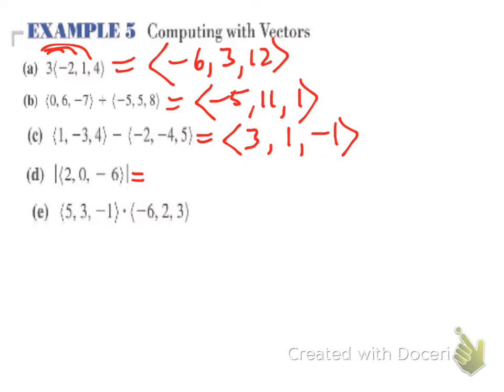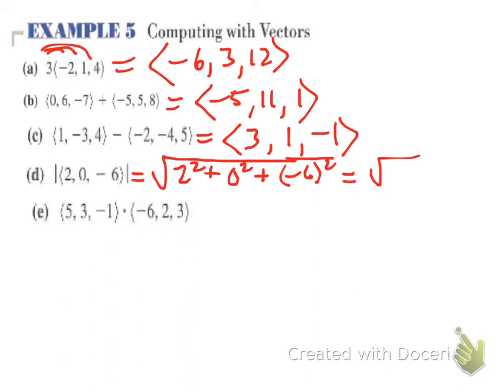Now remember, absolute value of a vector means magnitude. So we do 2 squared plus 0 squared, we're doing the distance formula, plus -6 squared. So that's the square root of 40, which reduces to 2 radical 10.